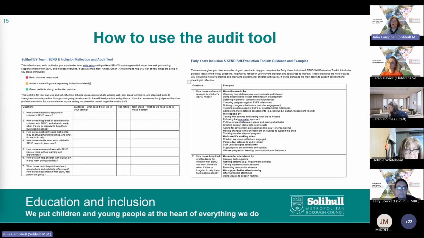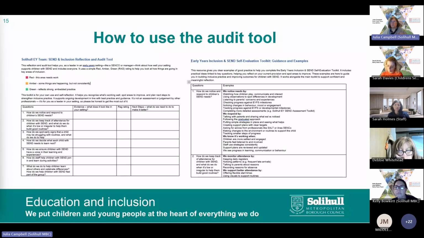Once you've completed the whole document, you'll hopefully have a much better insight into your setting's strengths and areas for development. From this point, the key is to make reflection a regular habit. For example, you may want to visit the audit tool every term to review your progress on those areas that you've identified that you want to work on.